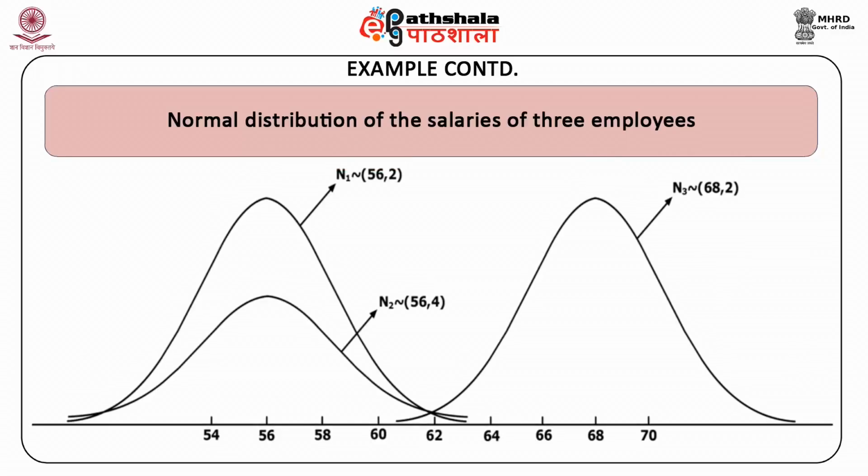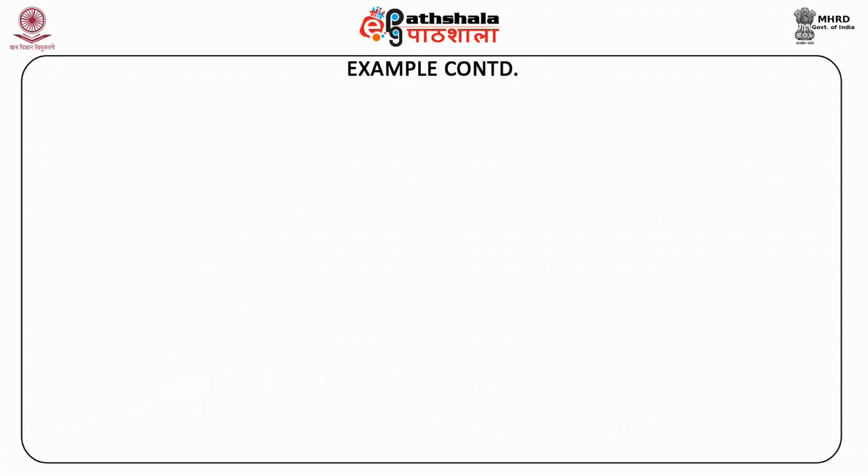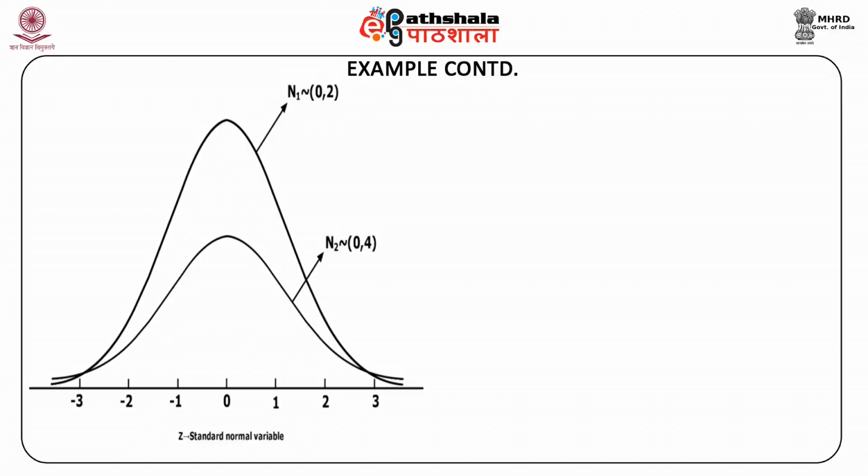Now to find the probability for a particular interval, we would require a probability table for every particular combination of parameters. But after converting these three different normal distributions into a standard normal distribution form, we get figure 7.8, where N1 equivalent to 56, 2 and N3 equivalent to 68, 2 overlap each other since sigma is same, and N2 equivalent to 56, 4 having greater sigma is flatter and can be plotted on the same x-axis.